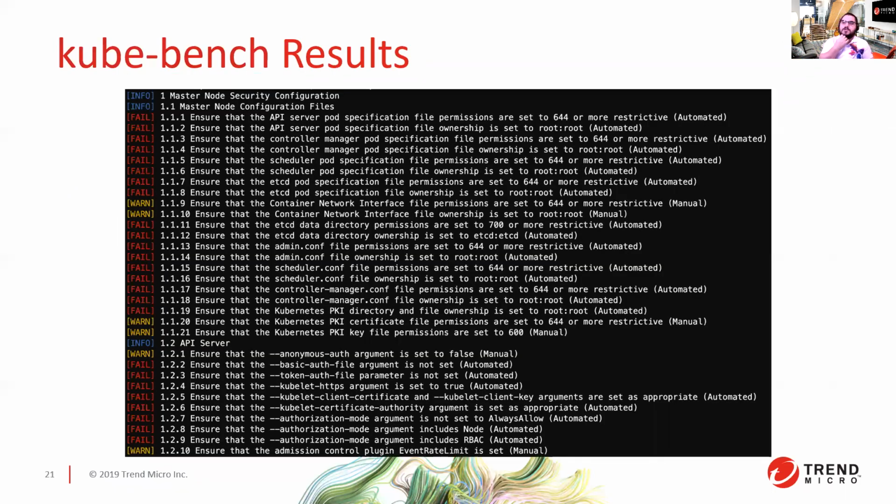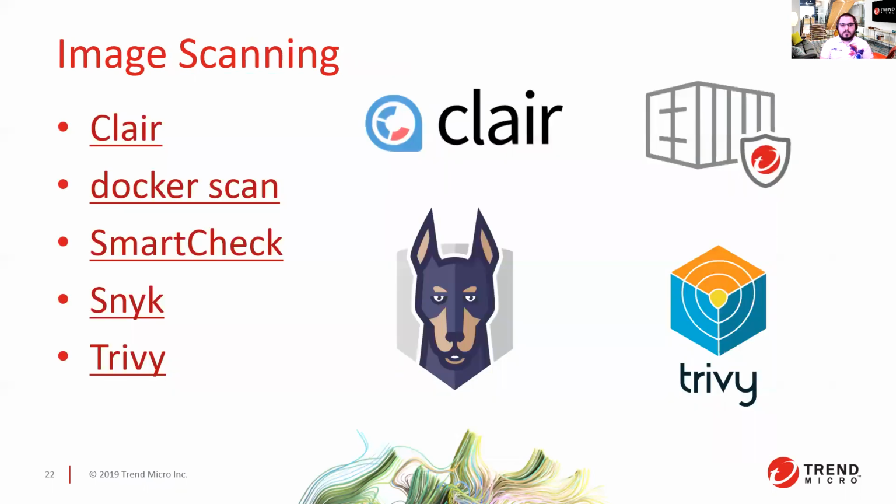As you can see here, this is just one of the results, and you can see that my cluster is not very well configured, with a lot of issues there, or it wasn't able to detect that if it doesn't have the permissions. But you can see that it checks the master node, the API server, etcd, the worker nodes, and other configurations as well. So I recommend you take a look.